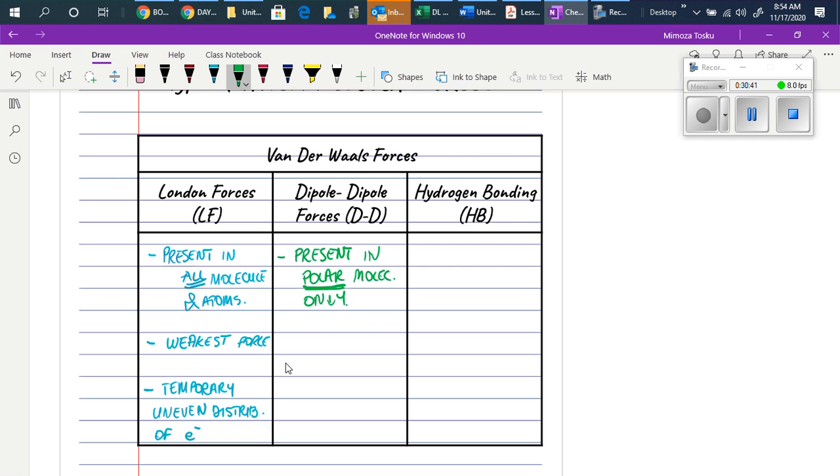This is stronger than London forces. So if we are saying that the weakest is number 1, then this will be number 2.